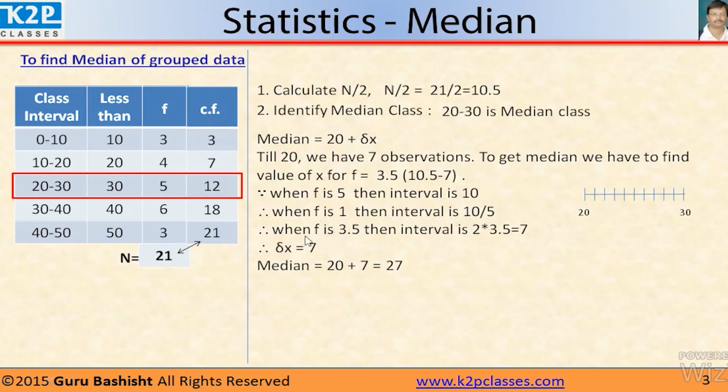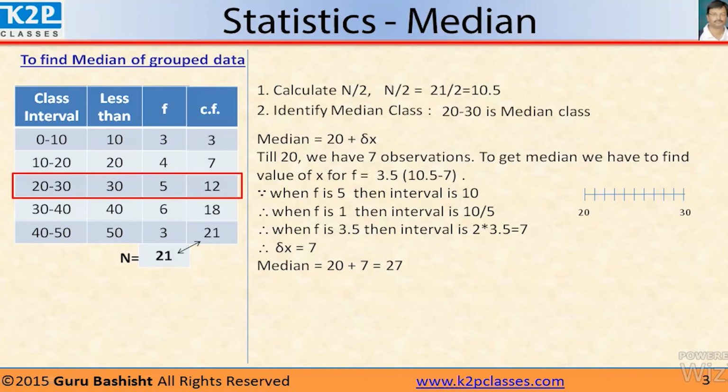When the frequency is 1, the interval is 2. So when the frequency is 3.5, the interval is 2 into 3.5, that is 7. So delta x is 7. Now we know the median will be 20 plus 7, that is 27.